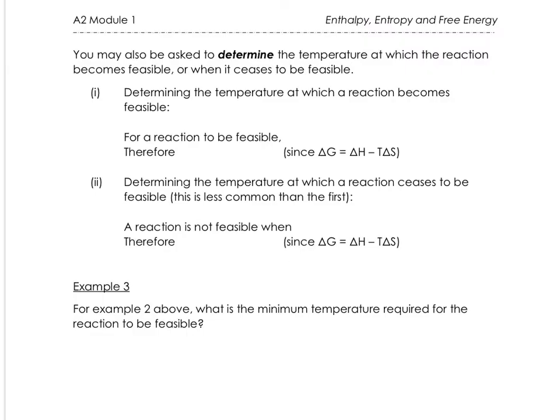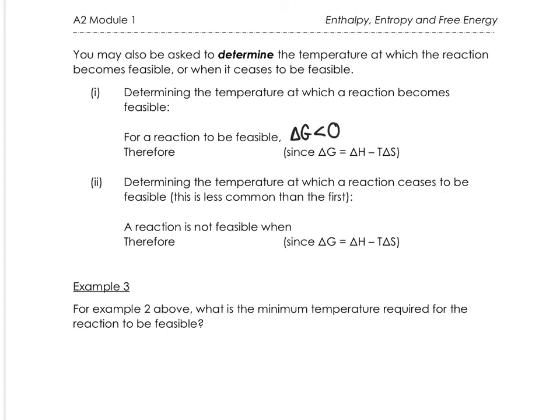Voila. So the last thing we need to look at is determining the temperature at which a reaction becomes feasible or the temperature at which it stops being feasible. Okay. When is a reaction feasible? When the delta G is negative. Great, and that's what we're writing in here. For a reaction to be feasible, delta G must be less than 0.